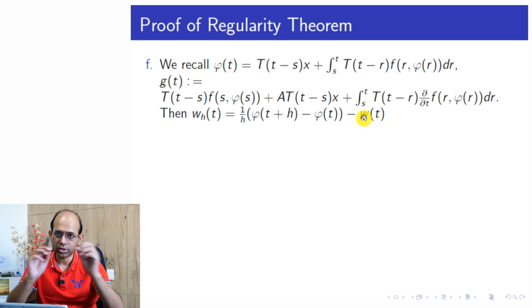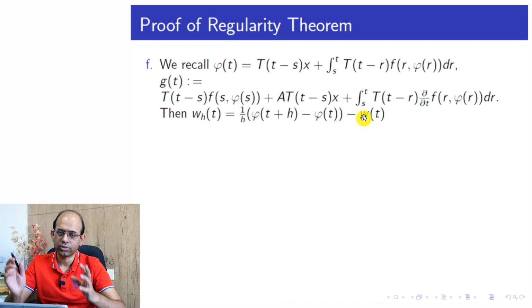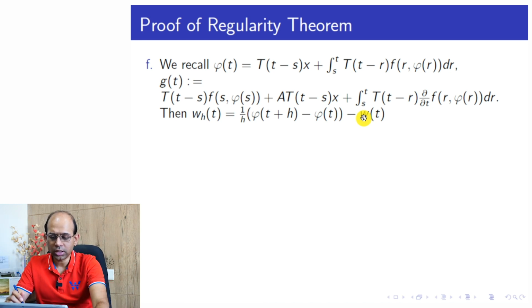W also solves an integral equation, so there also we have two terms, and W involves G, and G constitutes three additive terms, 1, 2, 3. So there will be many terms now.